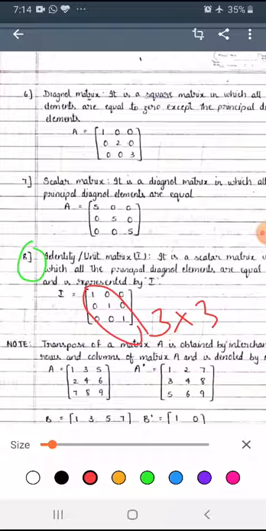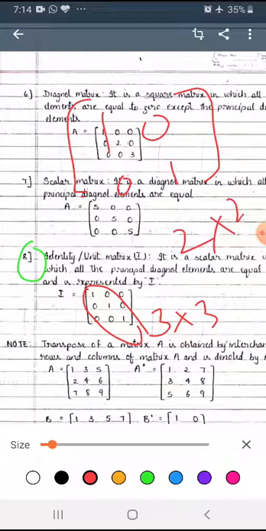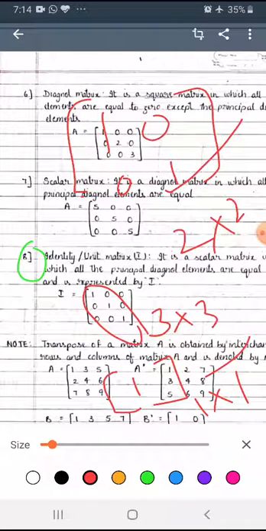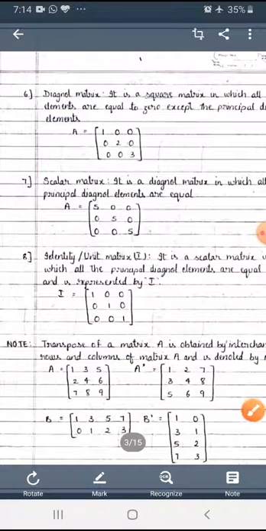And for order 2, how to write it? 1 0 0 1. So it is the identity matrix of order 2. Even if you write just 1, it is also an identity matrix of order 1 by 1. So 1 by 1, 2 by 2, and 3 by 3 are all identity matrices. This is very important, generally we will use it in the exercise sums.